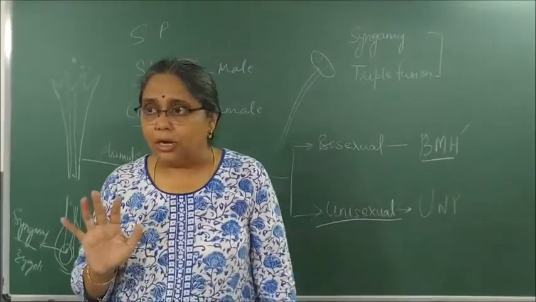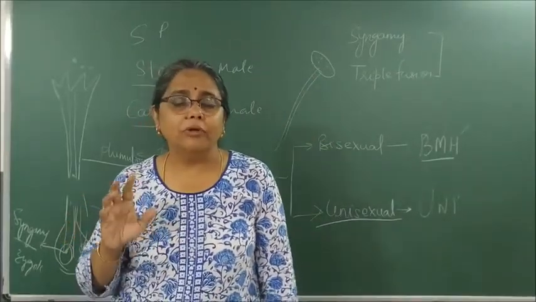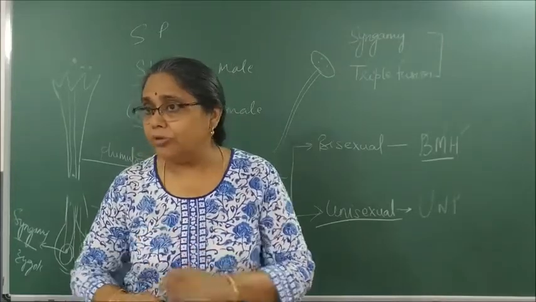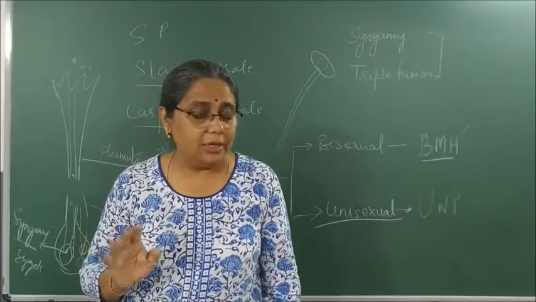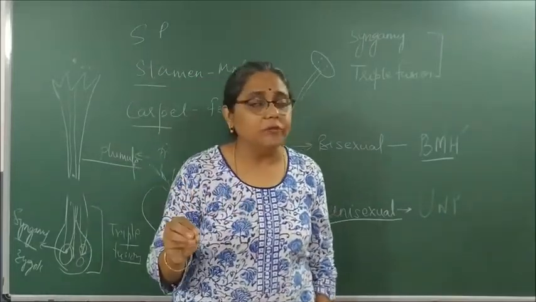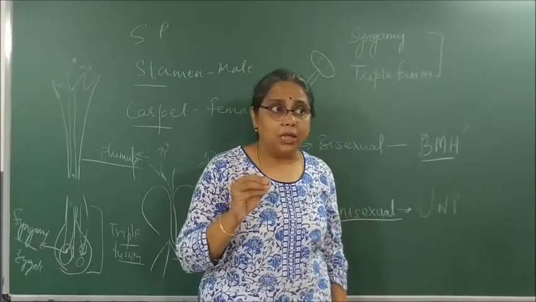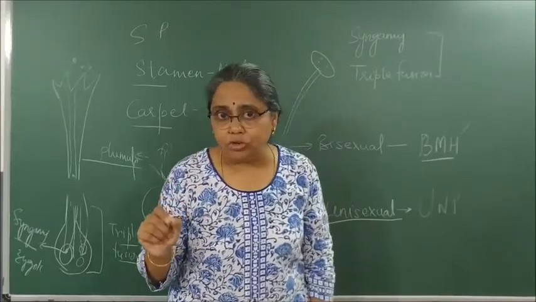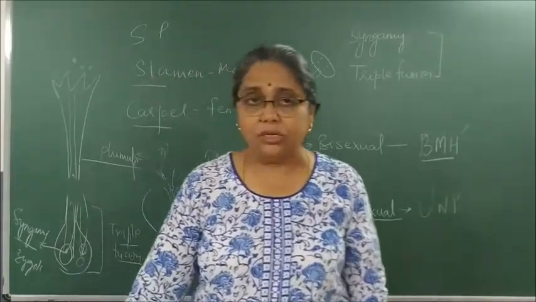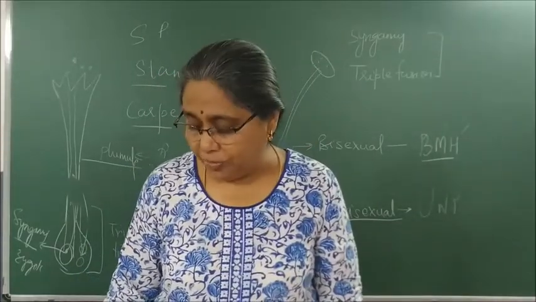Clear? Understood? So when they ask about fertilization or sexual reproduction in flower, you are supposed to draw figure 8.8. If you know figure 8.8, fine, but it also is a figure which is asked for labeling. So every labeling should be clear. Understood? So now we will talk about next, reproduction in human beings.